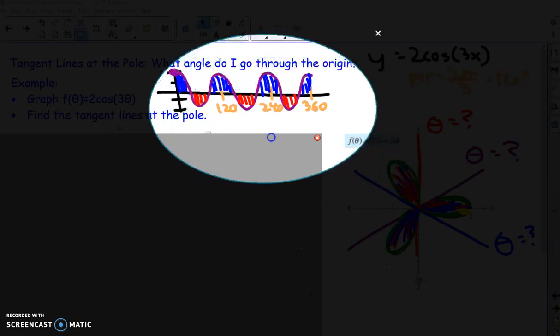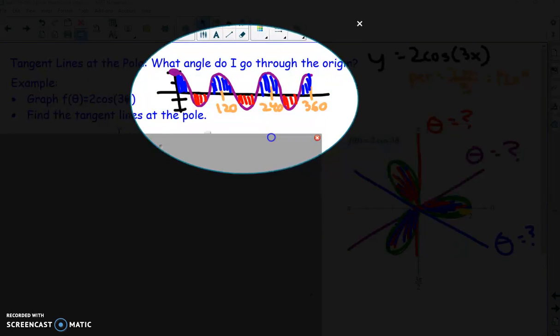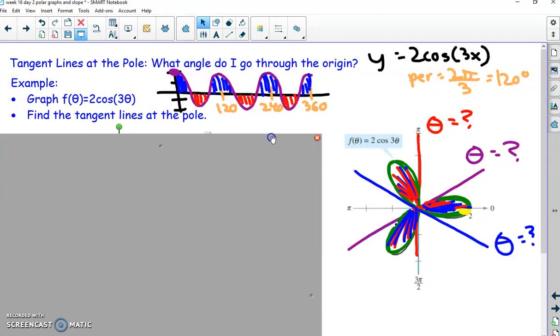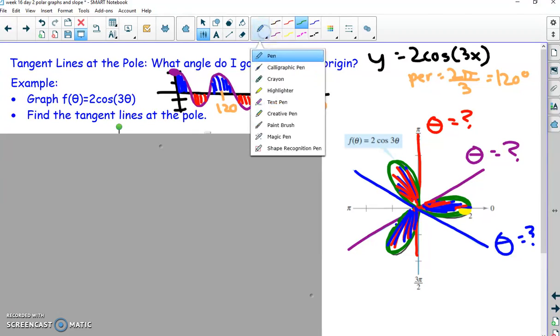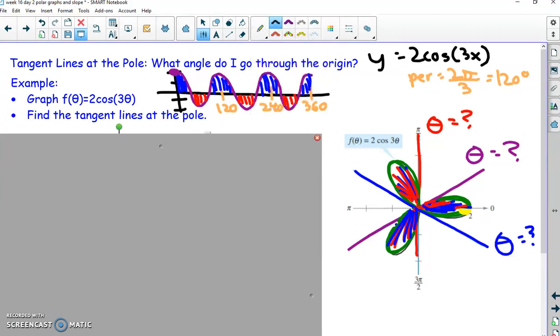And back to the original question, it says, at what angles do I go through the origin? All I'm asking for is these moments right here and here and here and here and here and here. I want to know when I go through the axis if you think rectangular, or when I go through the origin if I think polar.